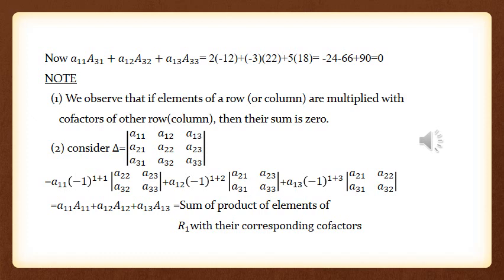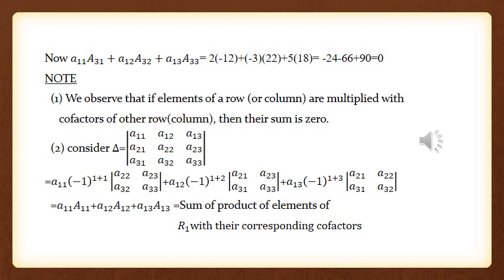Now let's see the value a11 A31 plus a12 A32 plus a13 A33 is equal to 2 multiplied by negative 12 plus negative 3 multiplied by 22 plus 5 multiplied by 18, that is negative 24 minus 66 minus 90 is equal to 0. Actually, what did we observe?